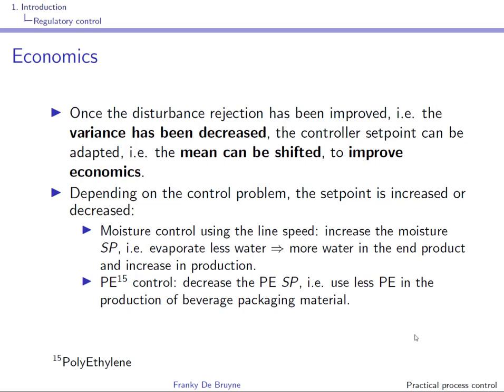In the moisture control problem, the moisture set point could be increased, and this led to an increase in production if moisture was controlled using the production line speed. Notice also that there is more water content in the end product, and often these paper reels are sold by the weight, so this is another advantage.